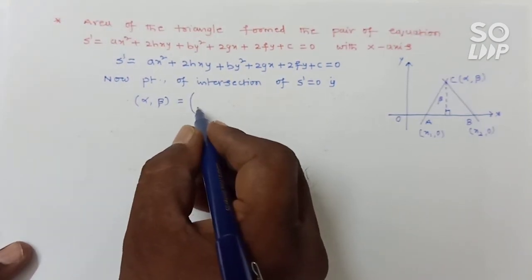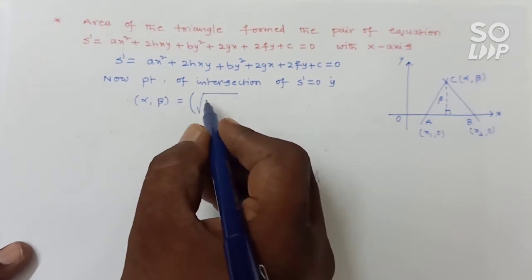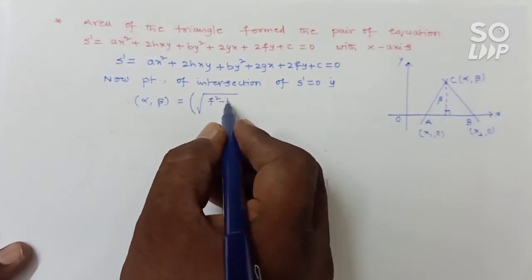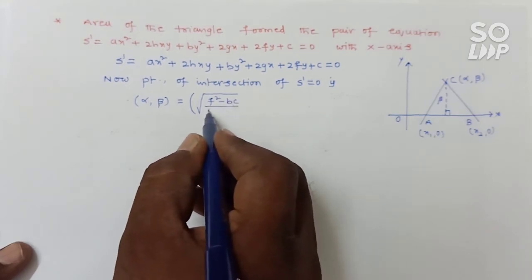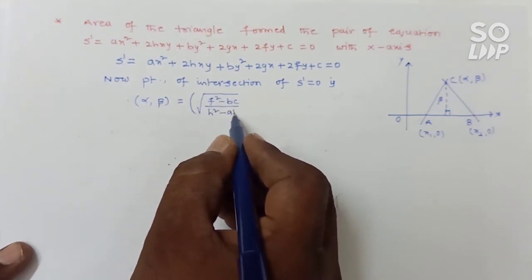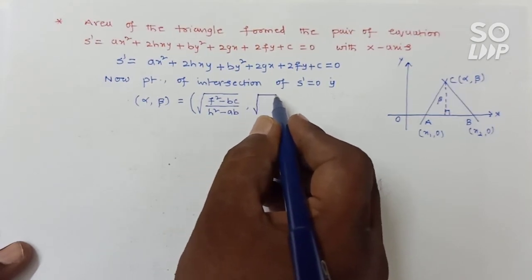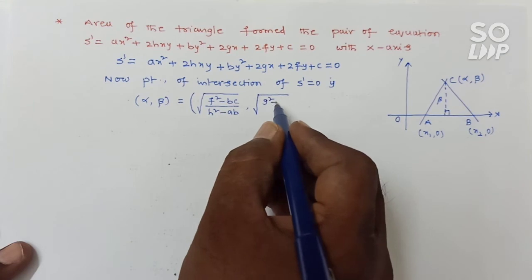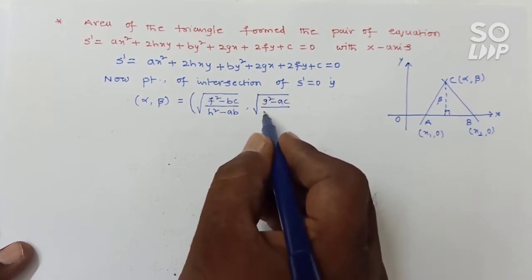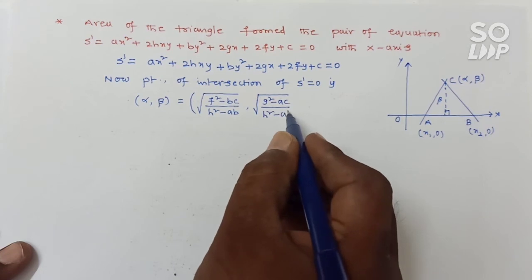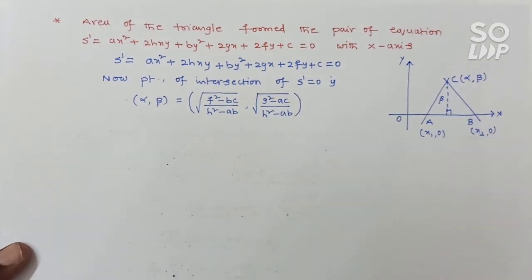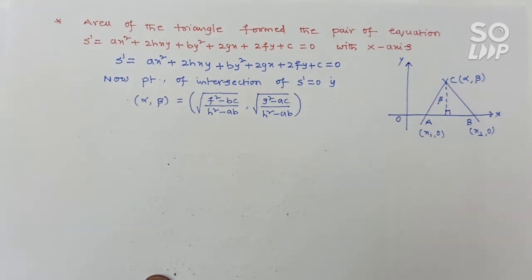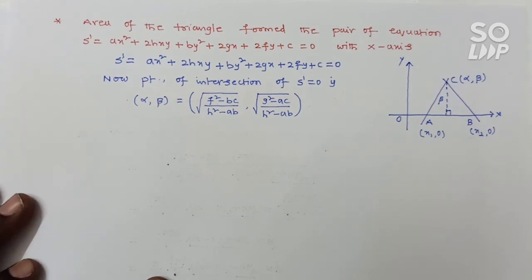Here we consider square root of f square minus bc whole divided by h square minus ab, comma square root of g square minus ac whole divided by h square minus ab. This is one expression. So already we know the other expression is hf minus bg by ab minus h square comma gh minus af by ab minus h square. So here I am taking this expression, right?